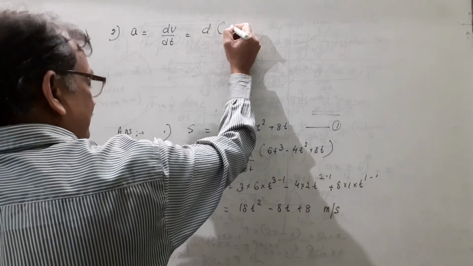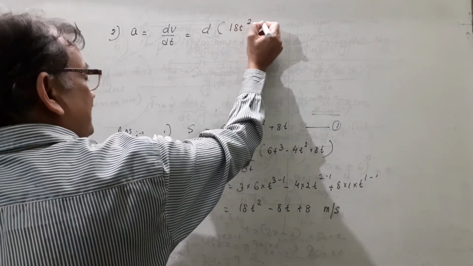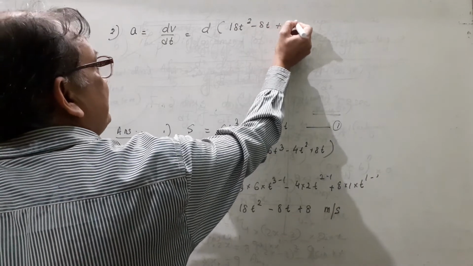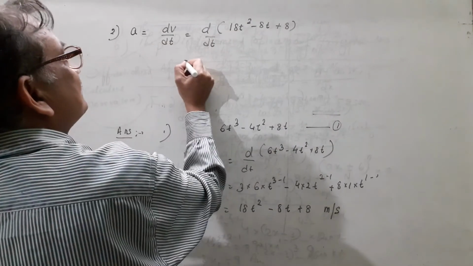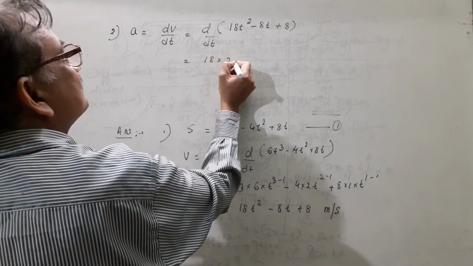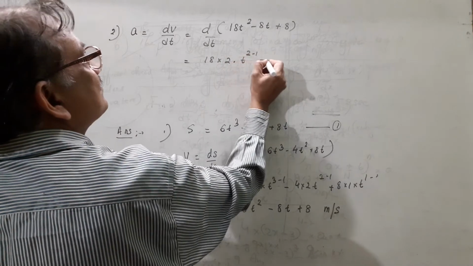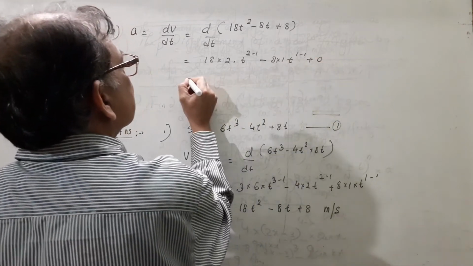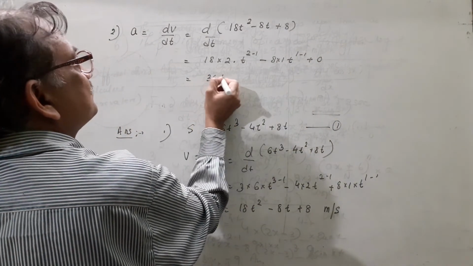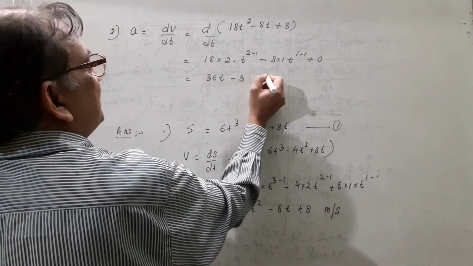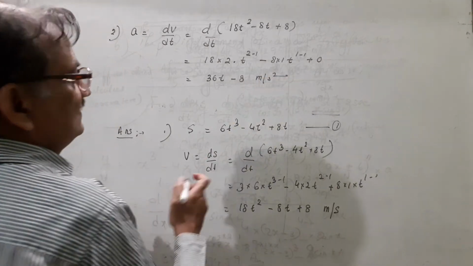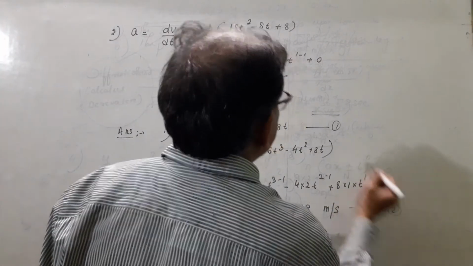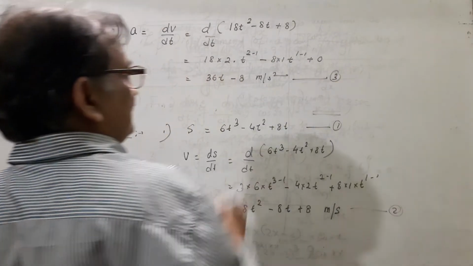So the derivative of 18t square minus 8t plus 8. That is the second equation for the velocity, a third equation for acceleration.